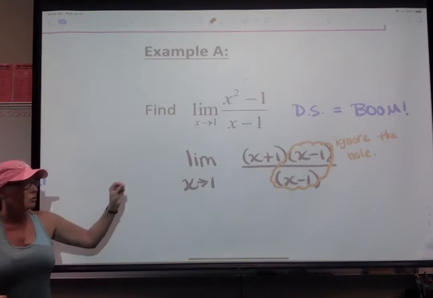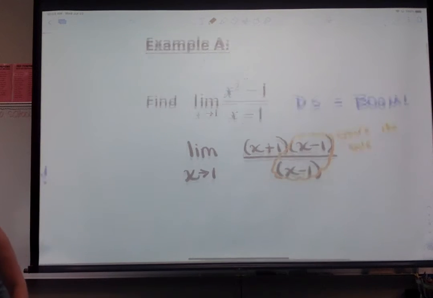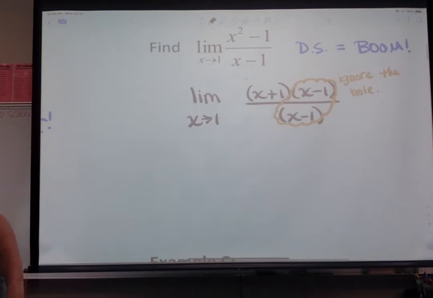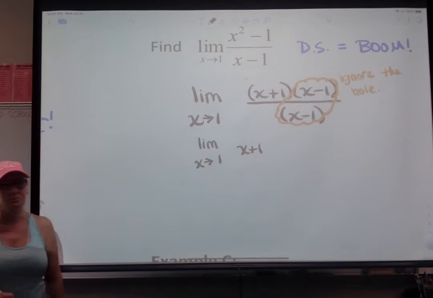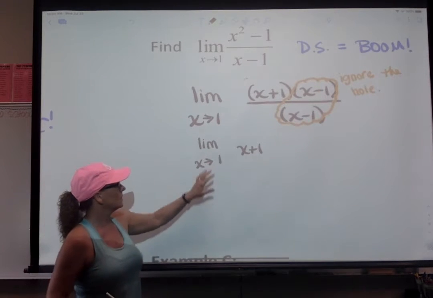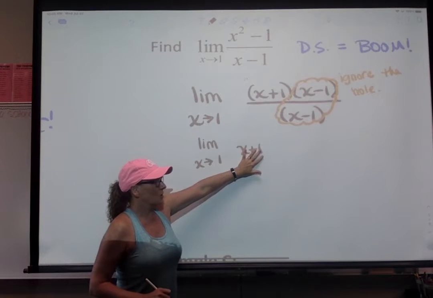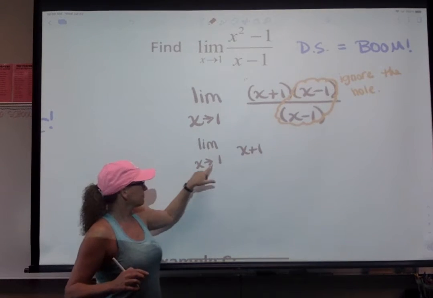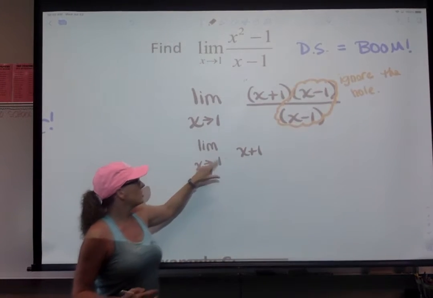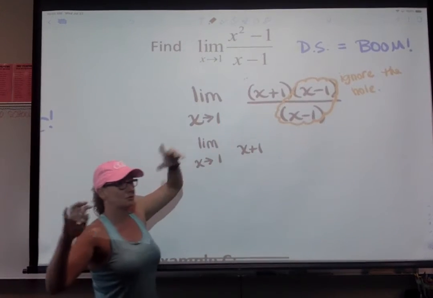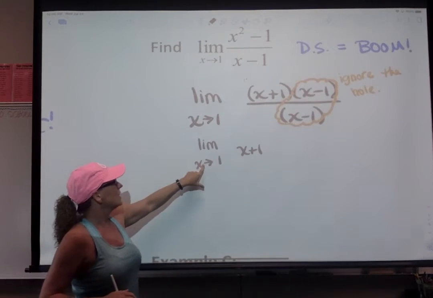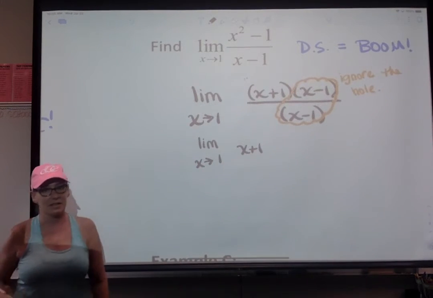If I ignore the fact that there's a hole there, here's what the rest of the function is. This is what's going on everywhere else. There's a hole at 1. So now we're ignoring this hole, which is causing us all kinds of trouble. It's causing us to blow up, all that stuff. Now, try direct substitution. See how that works for you.